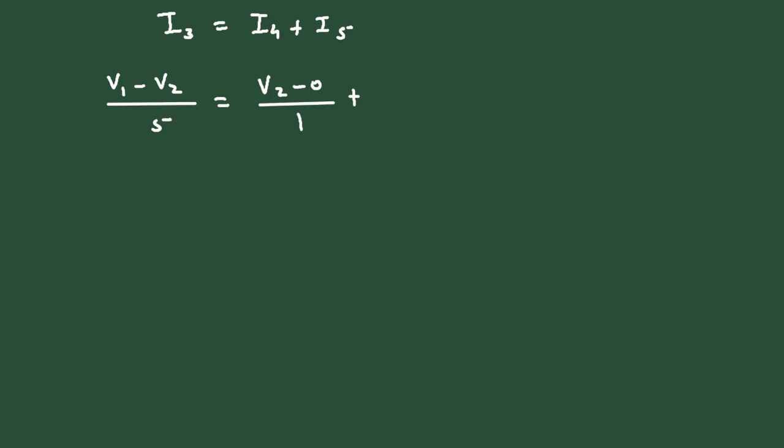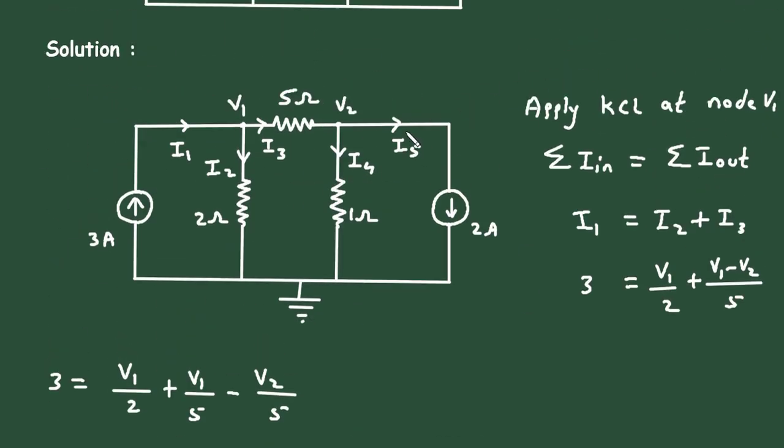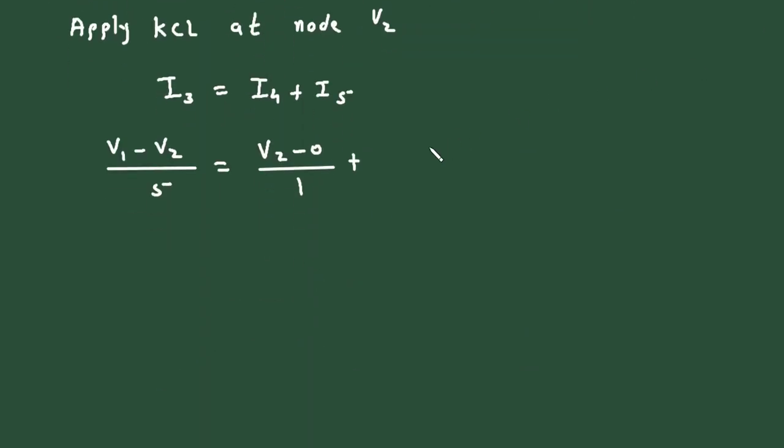Then plus I5. Now here we can clearly see I5 is equal to 2 ampere. Now let's simplify this. So it will be V1 divided by 5, then minus V2 divided by 5. Now if we take this on the left side, it will be minus V2 only is equal to 2.